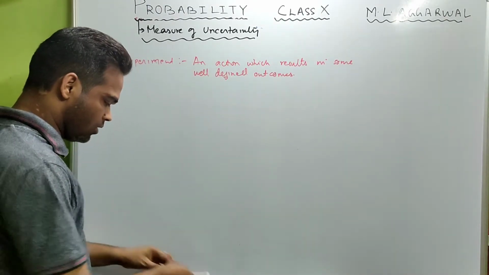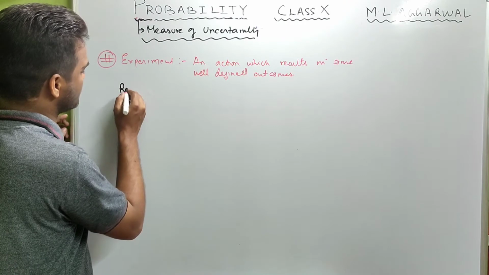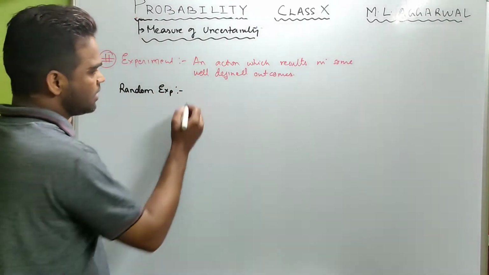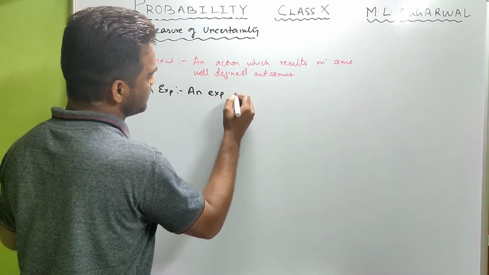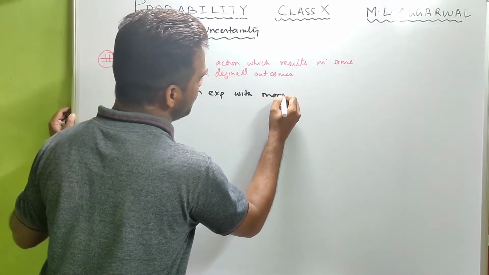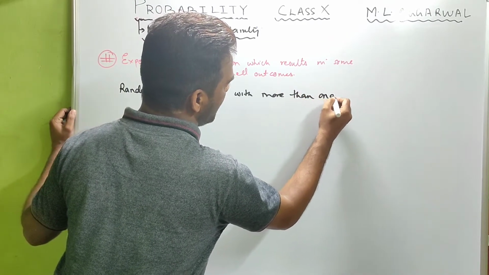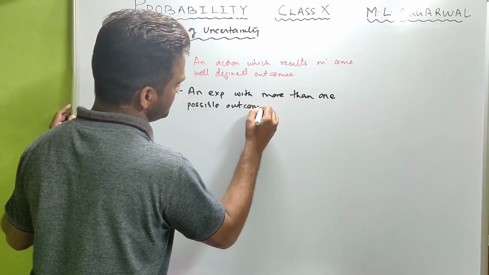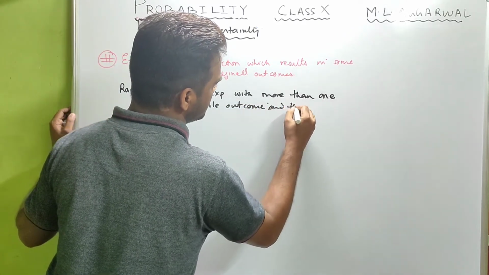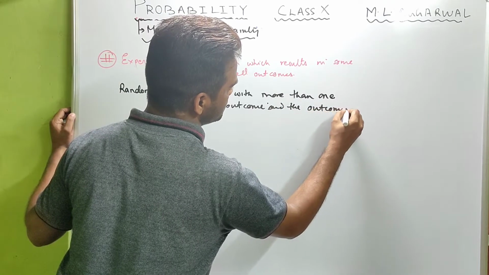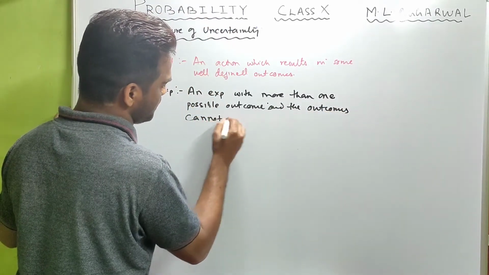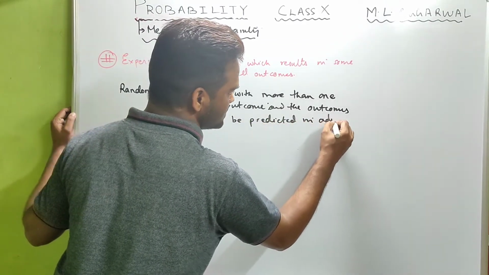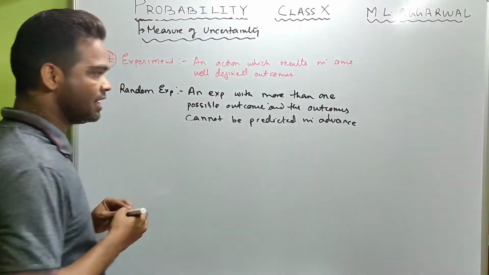Okay, now there's a random experiment. What is a random experiment? An experiment with more than one possible outcome, and the outcomes cannot be predicted in advance, is known as a random experiment.